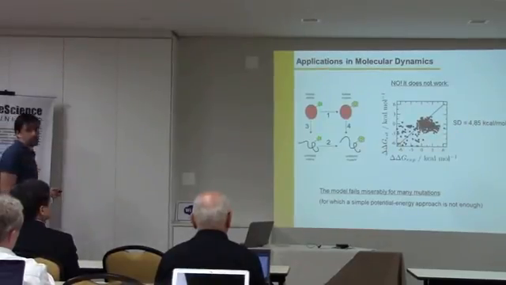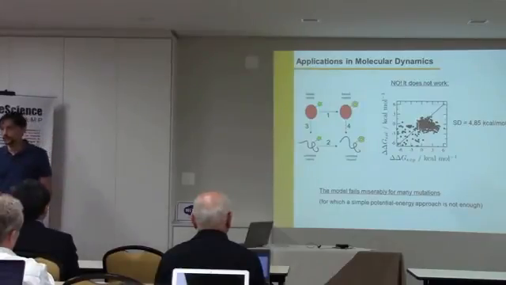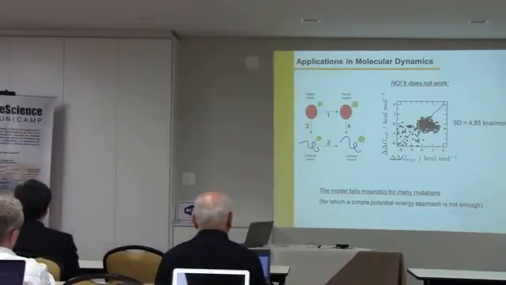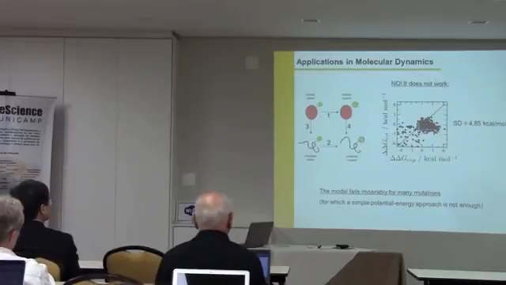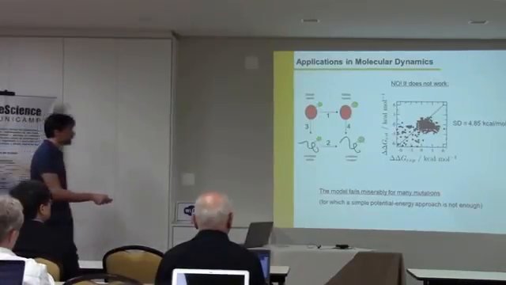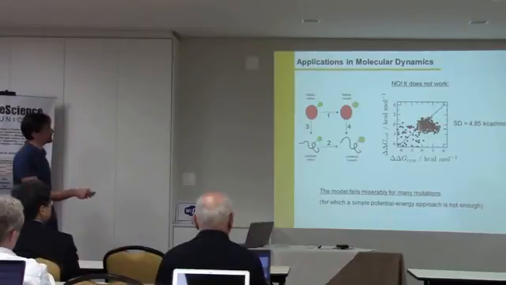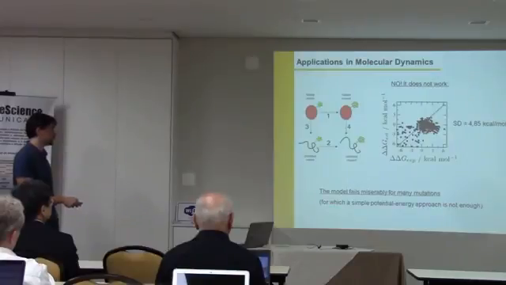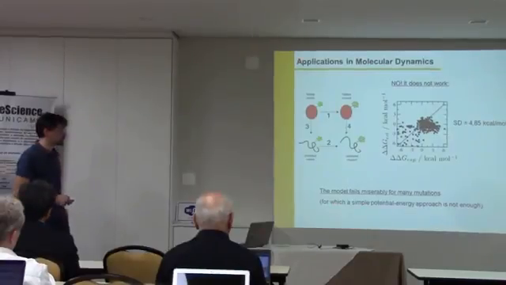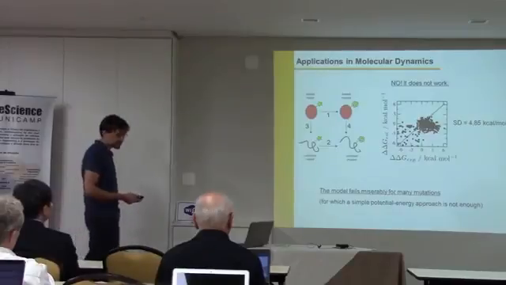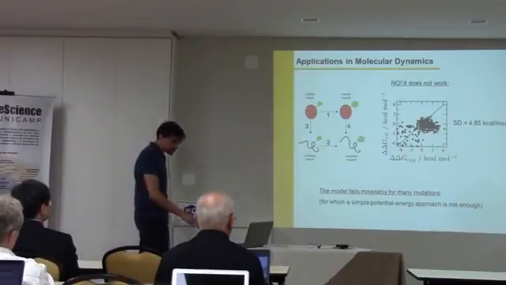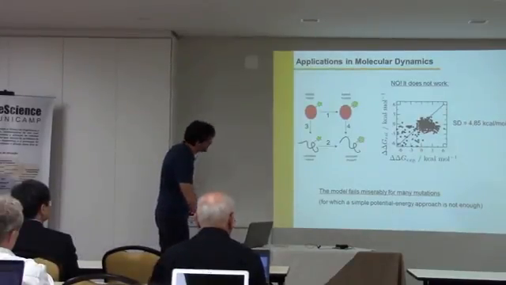That means that we are not able to predict the free energies of mutations. The model fails miserably for many mutations. In particular, there are many mutations here for which the model is very bad. The first impression is that a simple potential energy approach will not be enough to predict the mutation free energies.